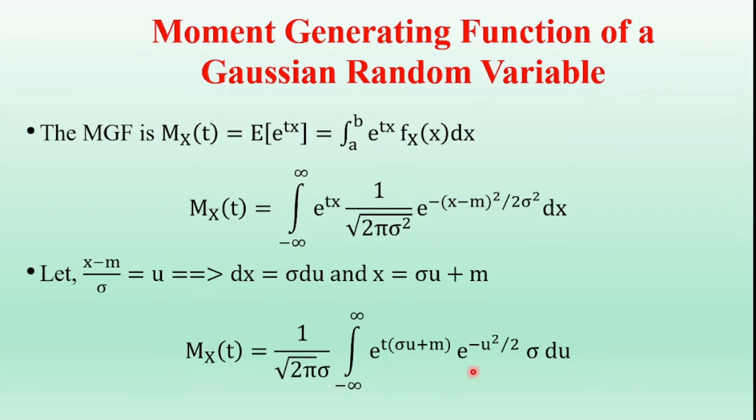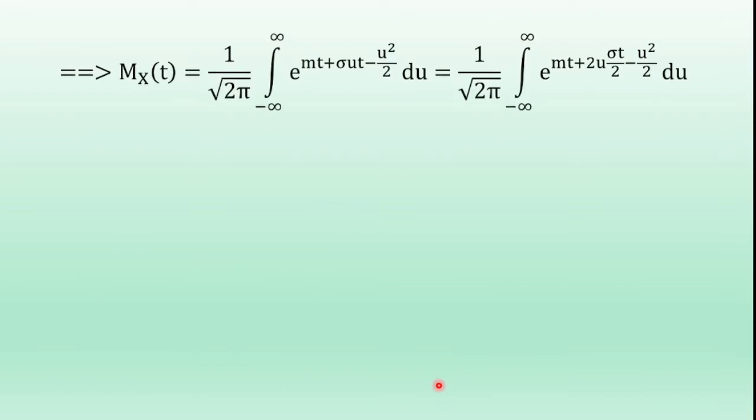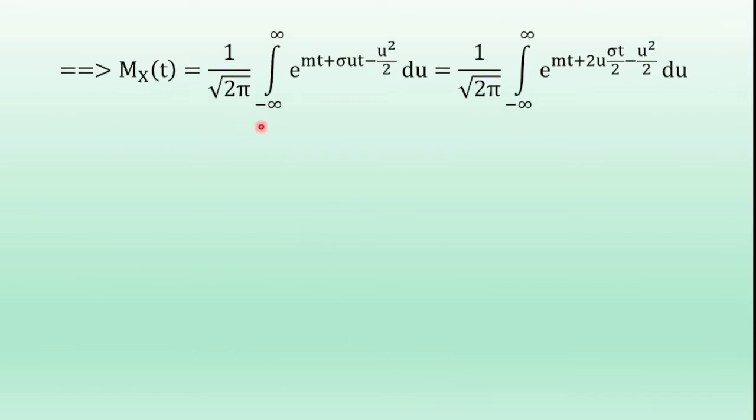So this exponential term and this exponential term are written as a single exponential term, that is M_X(t) is equal to 1 by square root of 2 pi, integral from minus infinity to infinity, e power mt plus sigma u t minus u square by 2 du. In the power of the exponential term, the second term is written as 2u into sigma t by 2. So in the second term, multiplying numerator and denominator by 2, we have the integral from minus infinity to infinity e power mt plus 2u sigma t by 2 minus u square by 2 du.